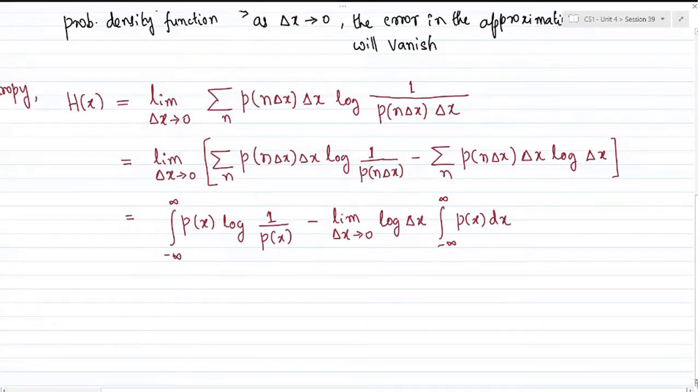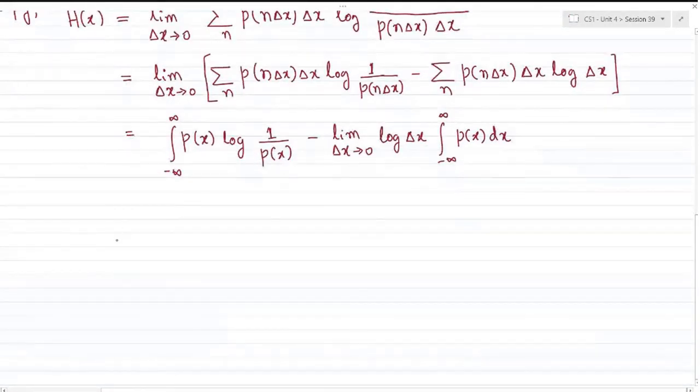All right, so this can be simply written as, remember, limit delta x tends to 0. I cannot just take out the limit delta x tends to 0, because this term involves the logarithm of that small quantity. However, in the first part, we had a density function multiplied by step size, and we can replace such a definition, when n is very large and delta x very small, with an integration.